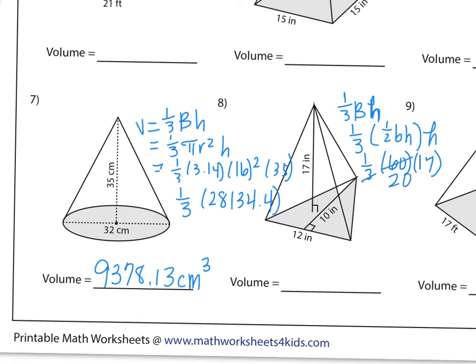I'm just shortening it up. So volume equals 20 times 17. Again, just simplifying it. And the volume is 340. Our units are inches, and that is cubed.